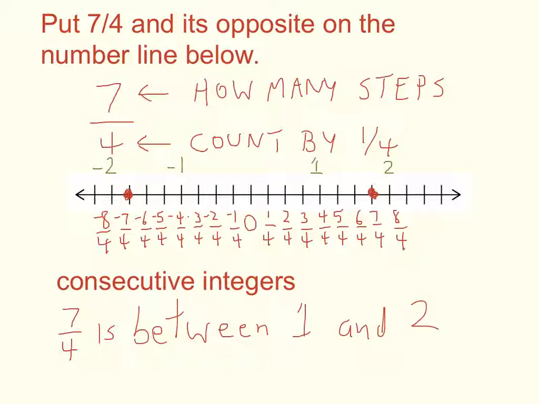So negative 7/4, note that I added the minus sign, is between negative 1 and negative 2. What I changed there is I added minus signs to tell you which consecutive integers negative 7/4 is between.